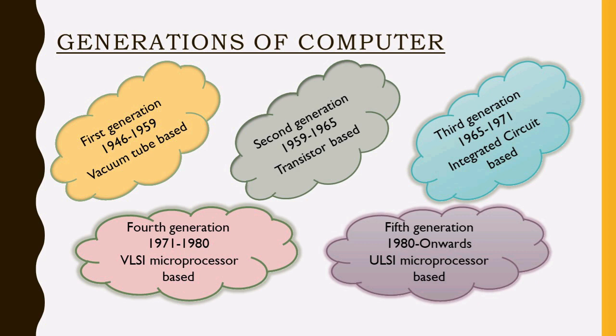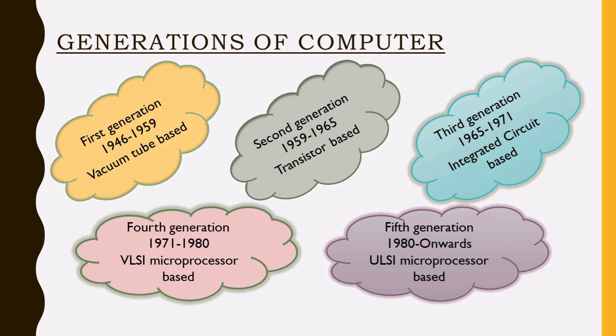Computers developed between 1959 and 1965 are called second generation computers. Then the technology changed and ICs were introduced. IC stands for integrated circuits. This is the third generation and it lies between 1965 to 1971.